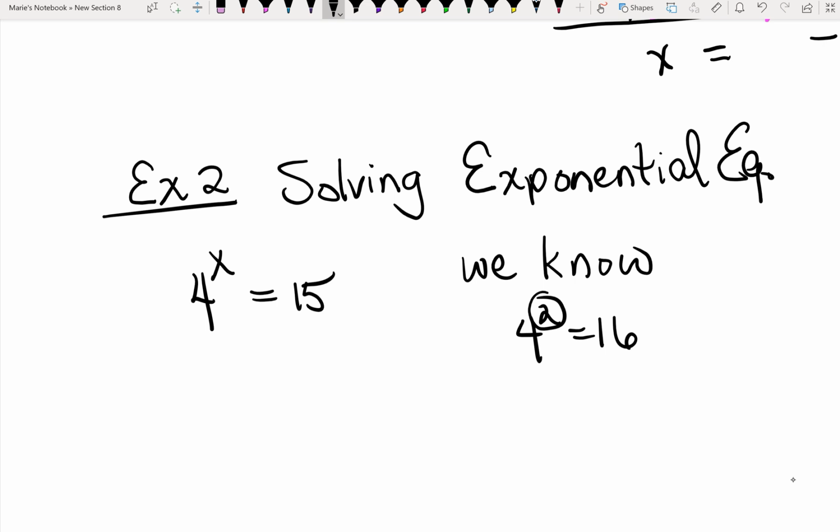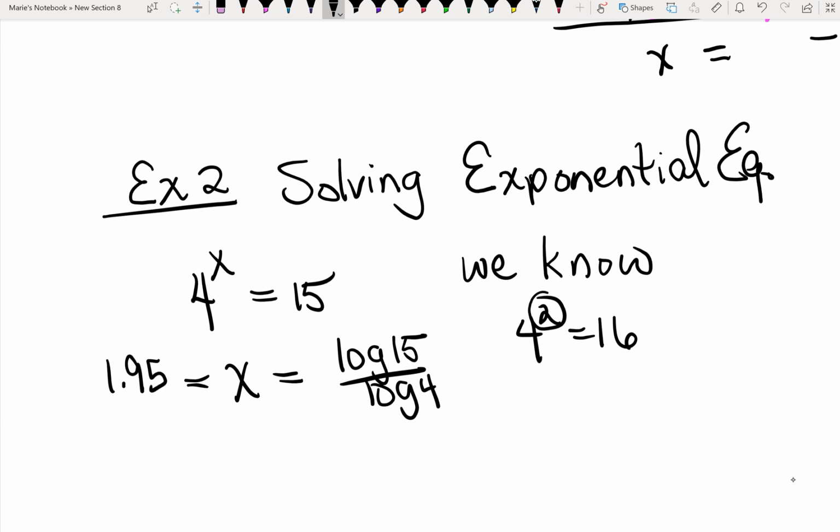With that said, we're going to drop the x and simply set it as the log of 15 over the log of 4. When you do this, you will obtain your answer. And in this case, x is approximately, not exactly, but approximately 1.95, because we are rounding that number as well.